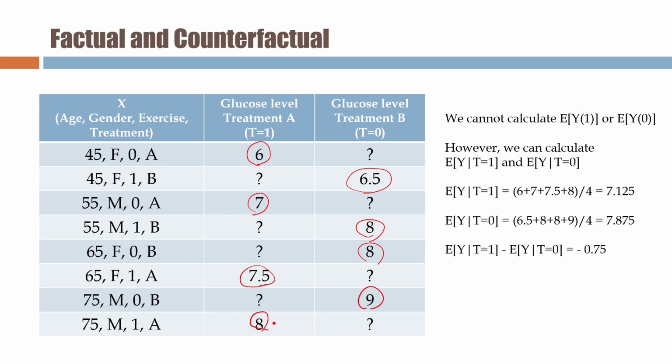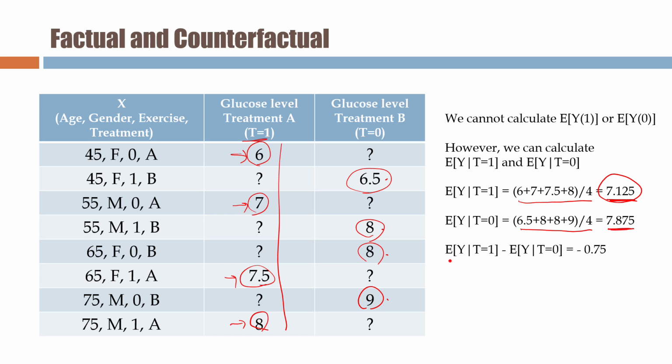If you calculate the average of these four numbers, then the average is 7.125, right? So I collected only the t equals 1, so we don't have data here. I collected only four numbers and calculated 7.125, and then I also calculated the average of these four numbers. I got 7.875.